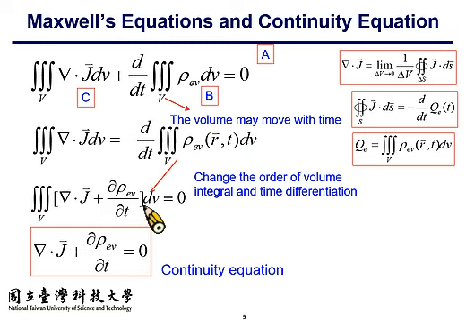So you have the divergence of J plus the time derivative of rho, then take the volume integral. It must go to 0, so you can take the volume integral out, and you end up with the continuity equation. That is, the divergence of current density J equals the negative of the time derivative of charge density rho.